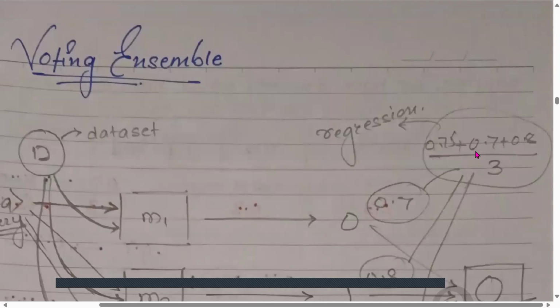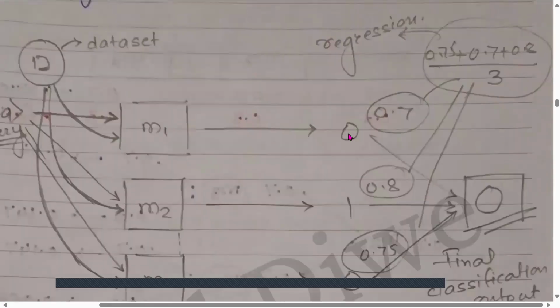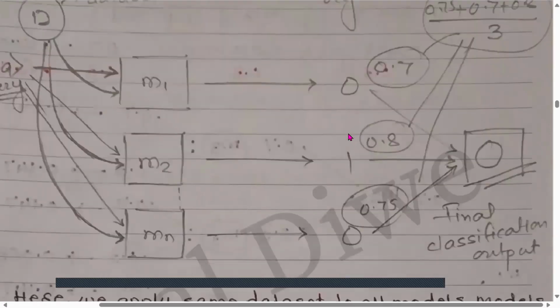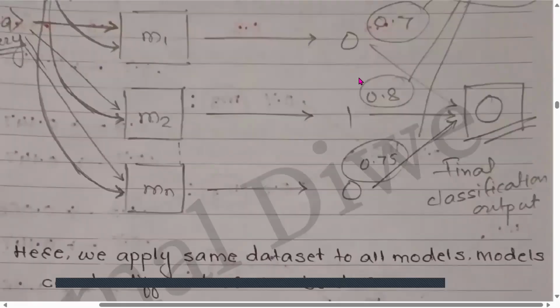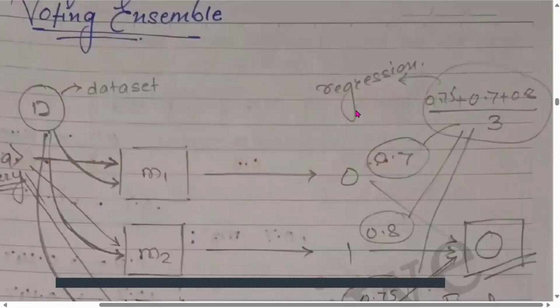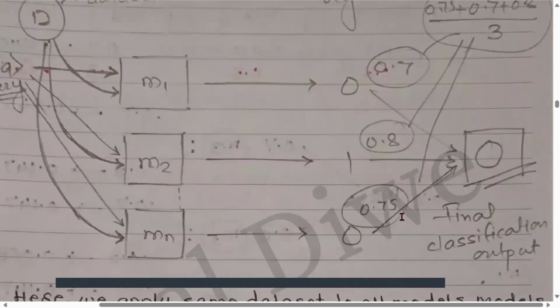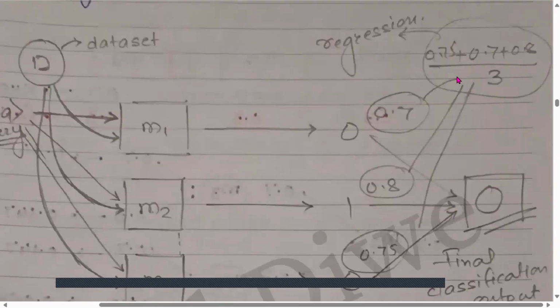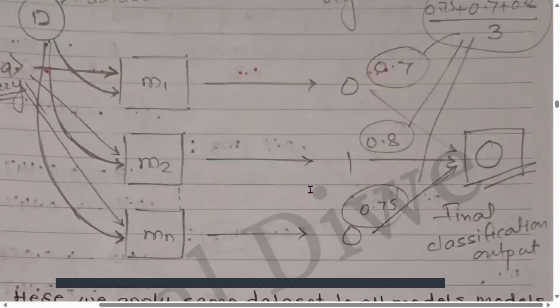Let me clear this once again. If the problem is related to regression, then we have to take the average. If the problem belongs to classification, then we go with the majority.